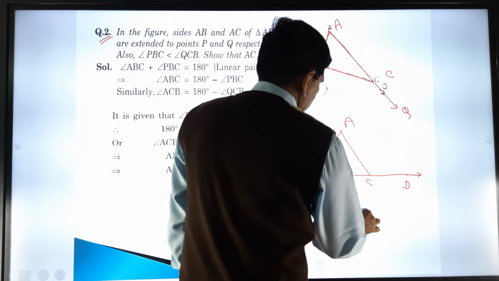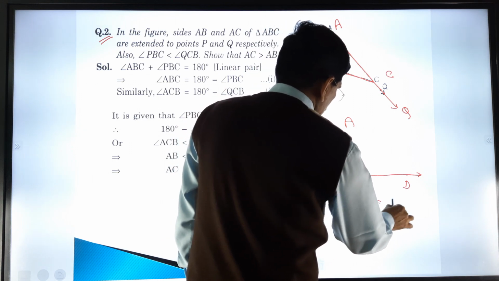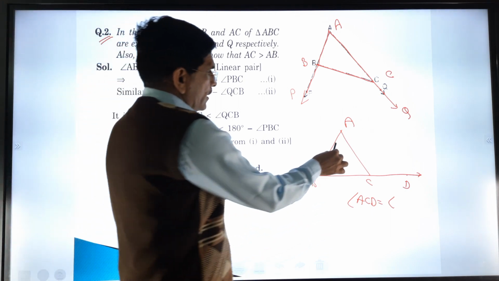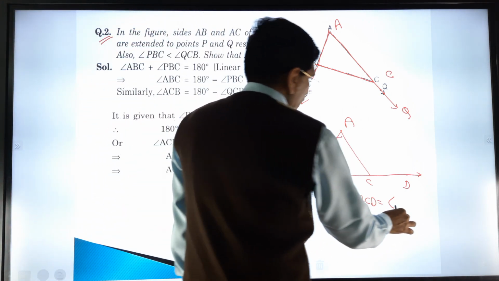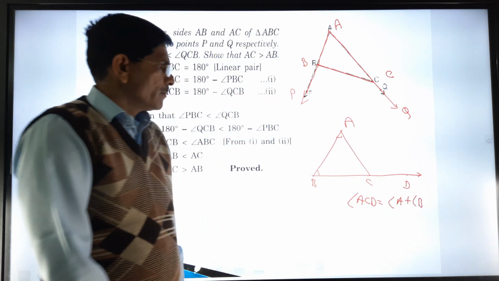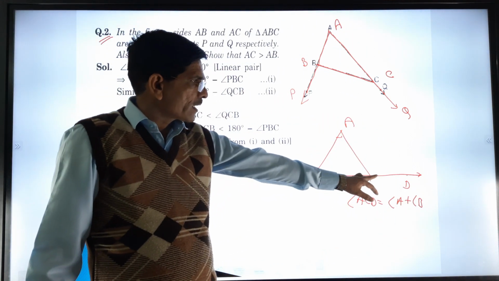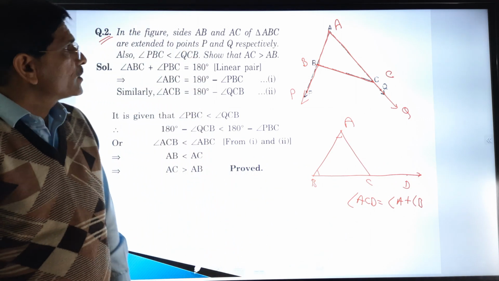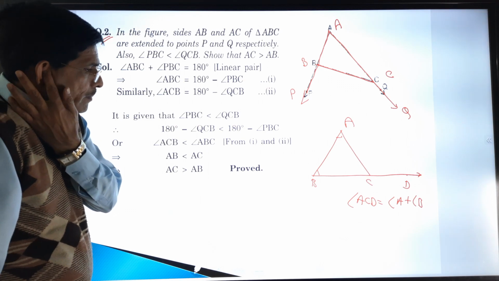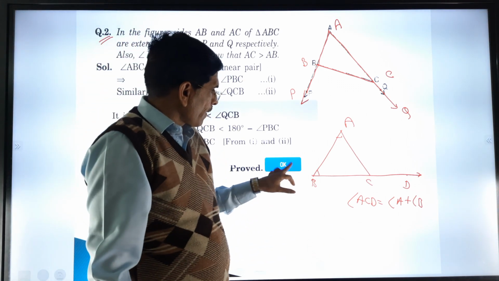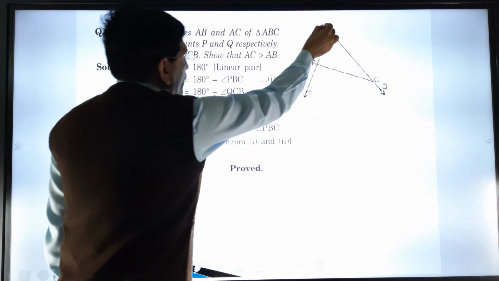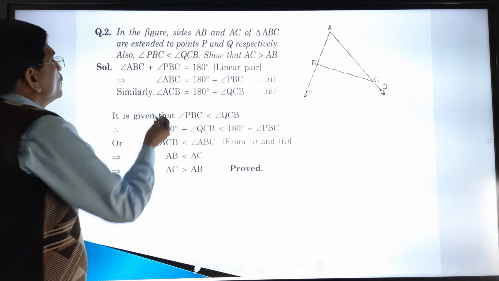So angle ACD, always remember, is equal to the sum of the interior opposite angles, that is angle A plus angle B. So here they say that it is extended to the points P and Q respectively.